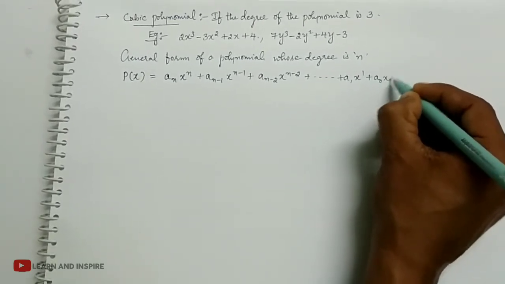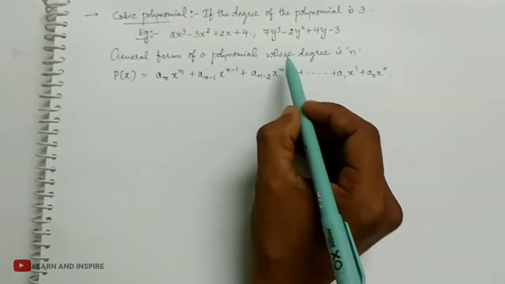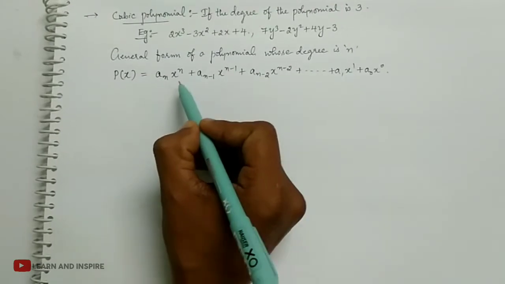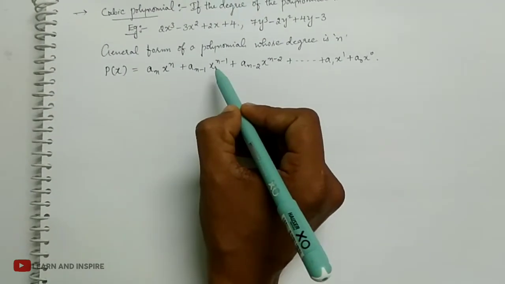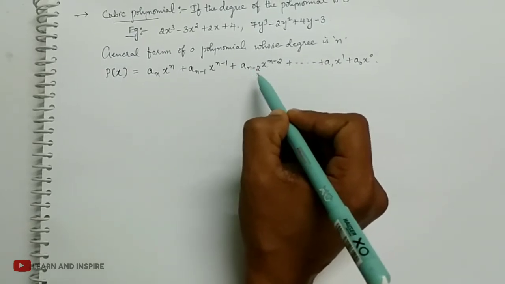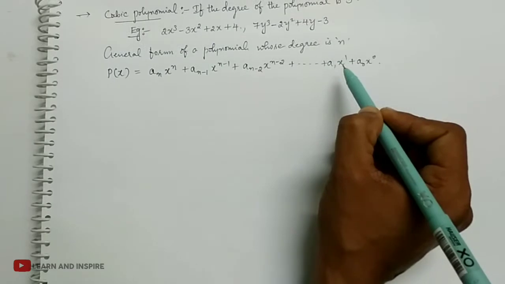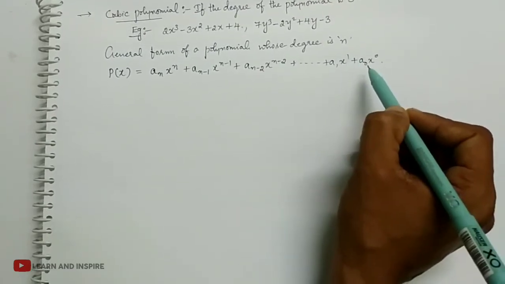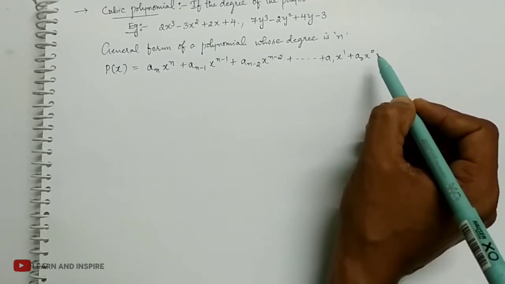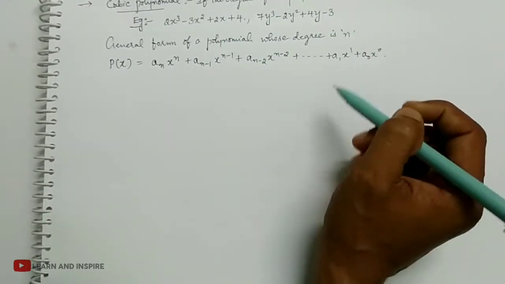Correct, a0 x power 0. So this is the general form of the polynomial whose degree is n.